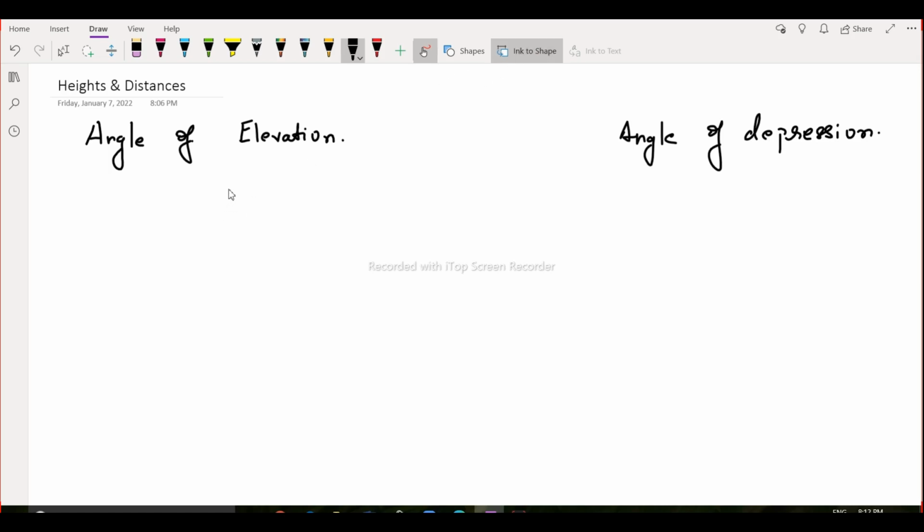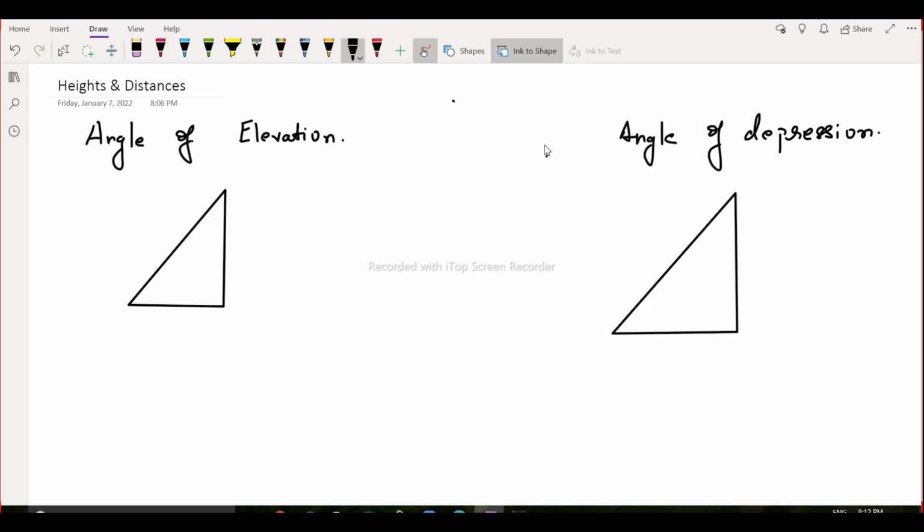Let's check. So let's make a triangle, a right angle triangle, and let's make one more right angle triangle here. Okay, now let's consider this as the horizontal.